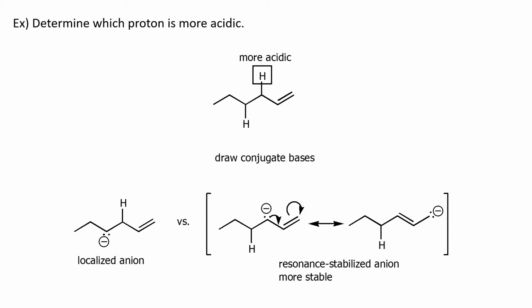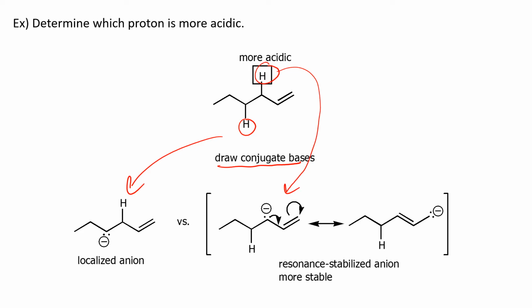Now, we first draw the conjugate bases of each of our possible acidic hydrogens here. So the first one, we have the following conjugate base, and our second, removing the second proton, gives us this structure here.